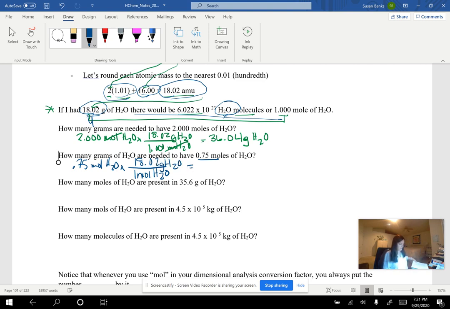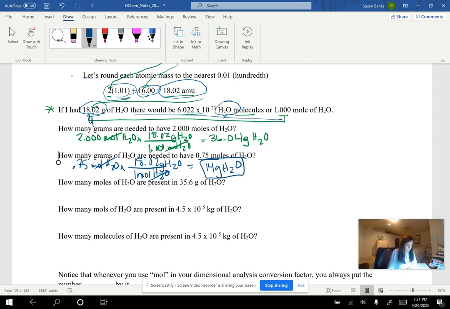Okay, so all I have to do now, my moles of water cancel out. I have grams of water for my unit. So I'm going to take 0.75 multiplied by 18.02. Notice I only have 2 sig figs here. So when I do that, I will get 14 grams of water.